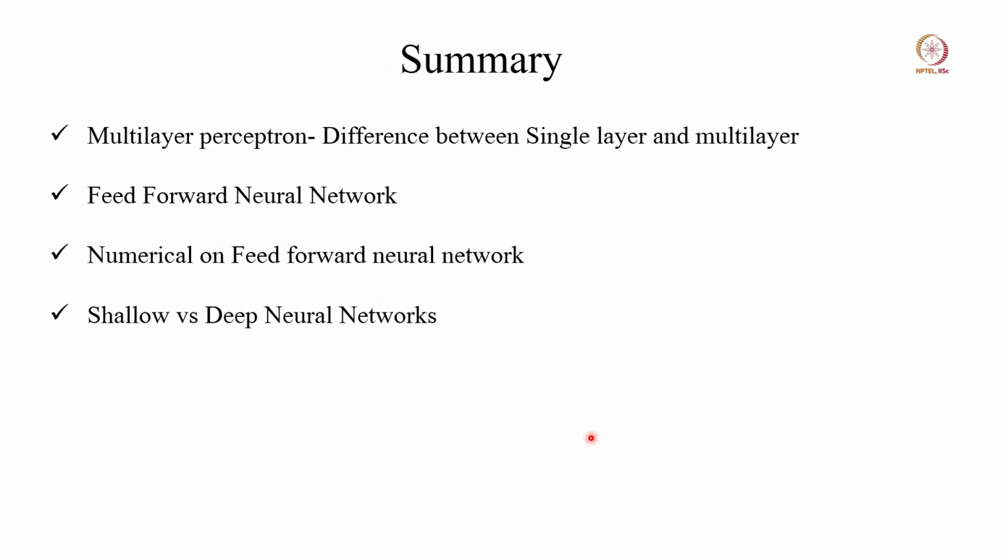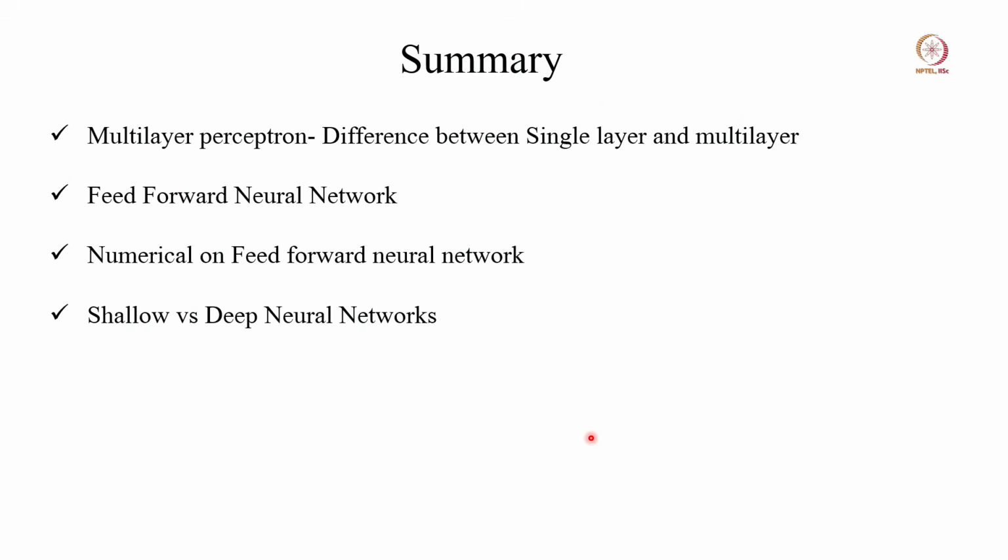The updation of the weights happens after the backpropagation algorithm, where we take the gradient of the loss with respect to the weights, because weights are the deciding factor for this error. After that, we came to a numerical on the feed-forward neural network, and we saw, if the inputs are some numbers and we give a particular activation function like a sigmoid activation function, how my outputs are calculated.